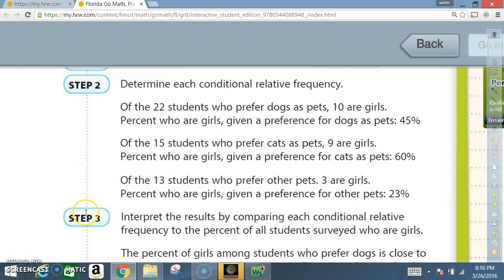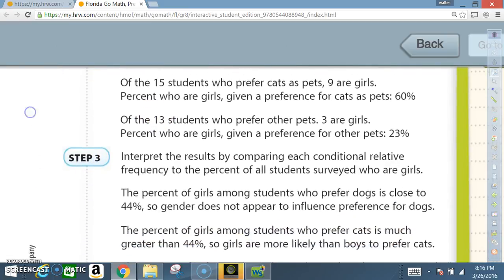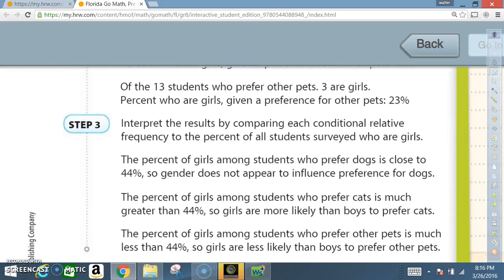Now for step 3, interpret the results by comparing each conditional relative frequency to the percent of all students surveyed who are girls. The percent of girls among students who prefer dogs is close to 44%. So gender does not appear to influence preference for dogs.